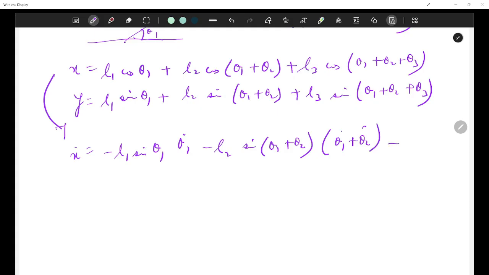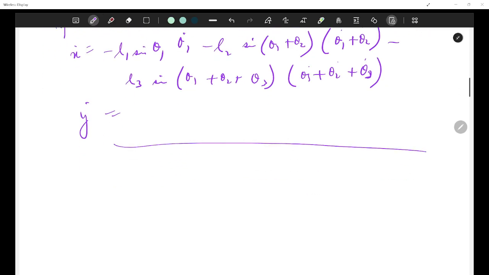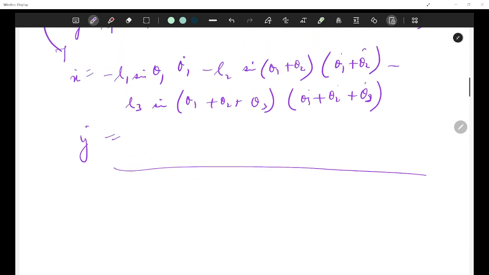Again we'll have a minus sign coming, I'm writing it before only. L3 sine(theta 1 plus theta 2 plus theta 3) times (theta 1 dot plus theta 2 dot plus theta 3 dot). Similarly you can write y dot. I'm not writing it, it is very simple, it's just a differentiation. So this is complete velocity propagation in the case of a 3R manipulator.